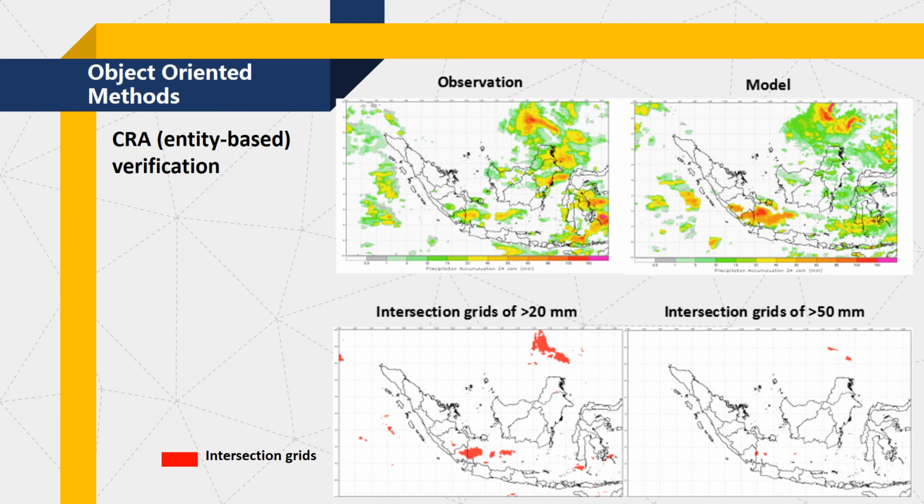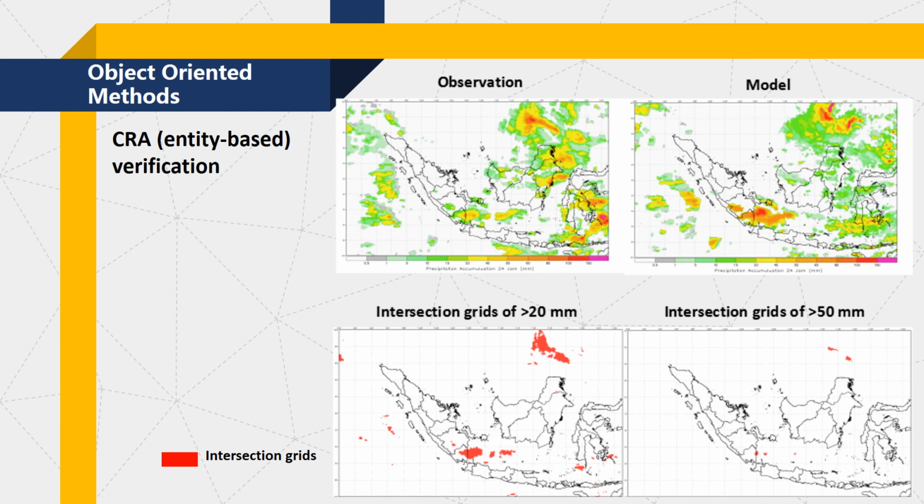If this entity can be identified either in forecast or observation data, such as in CRA, then verification can be attained by using pattern matching techniques to identify error over the area, mean and maximum intensity, and spatial pattern.